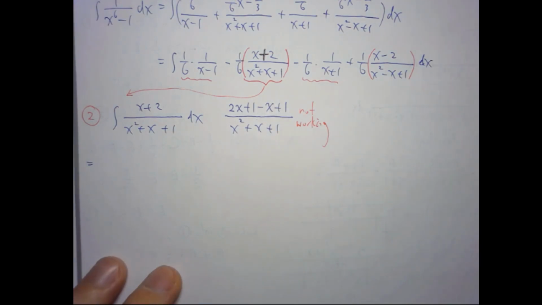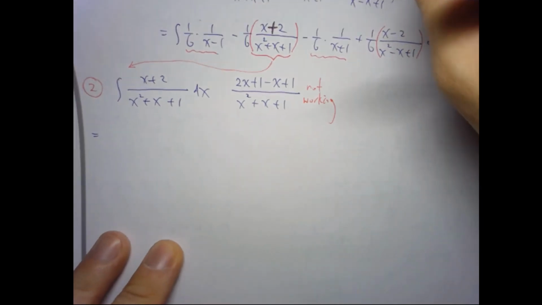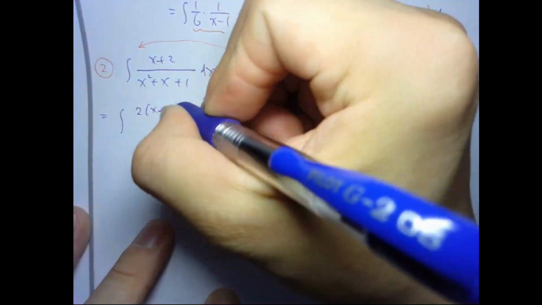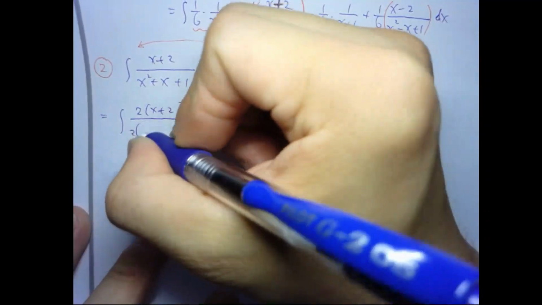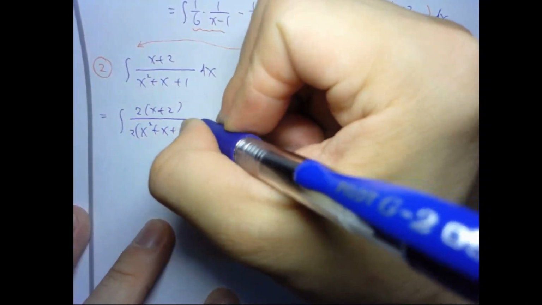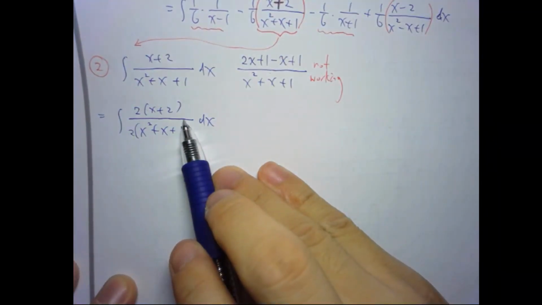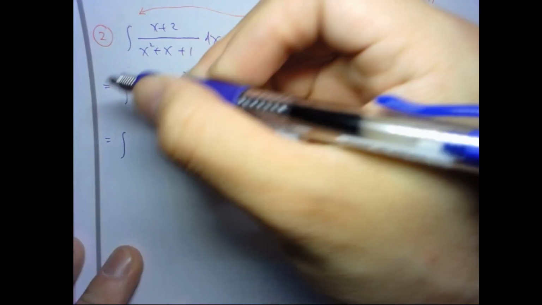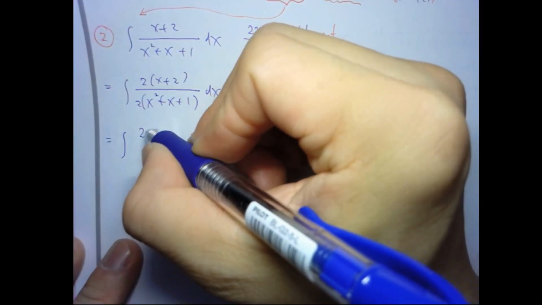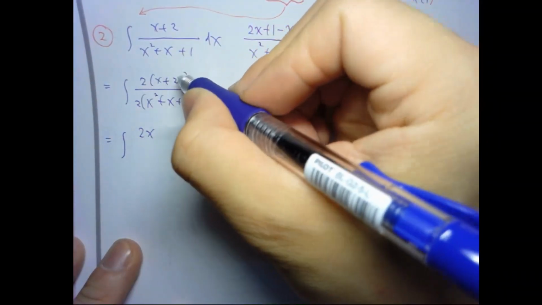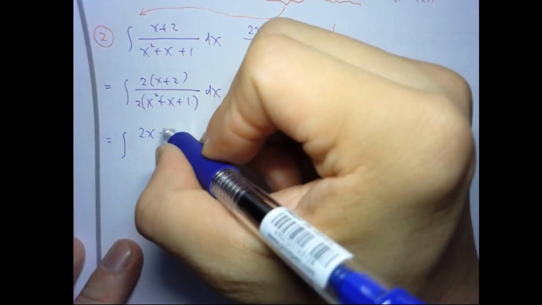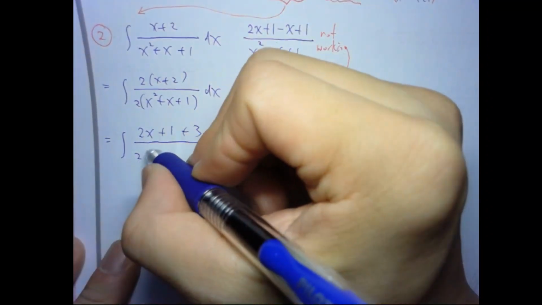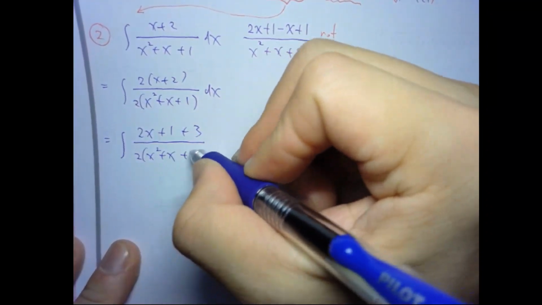So we will do it another way by multiplying both numerator and denominator by 2, and then I will split out the terms. This is integrate 2x. Originally it's 4, right? But I want a 1 here, so I add 3 at the back, and the denominator is multiplied by 2 like this.